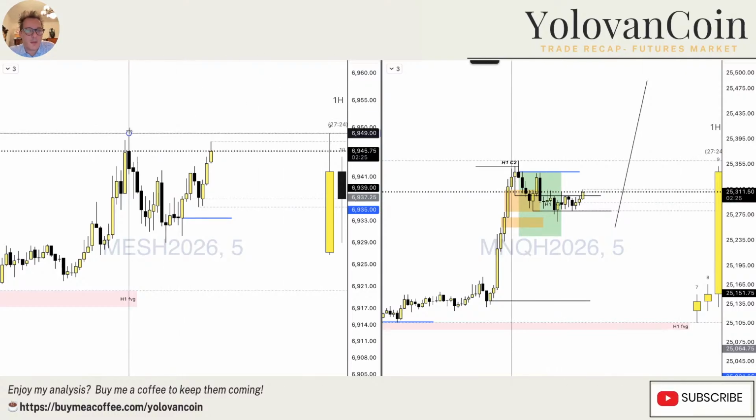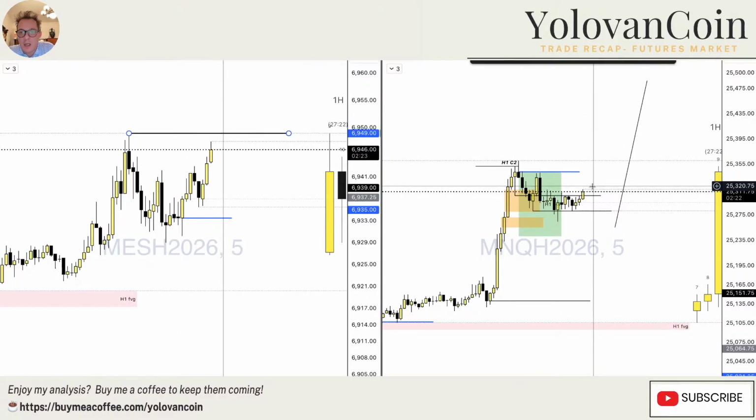So I want to see SP 500 take out this high. Now I want to see a 320 on Nasdaq taken out.